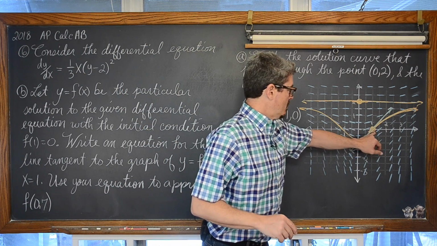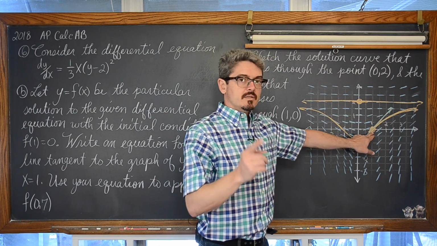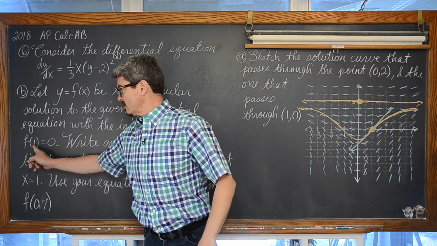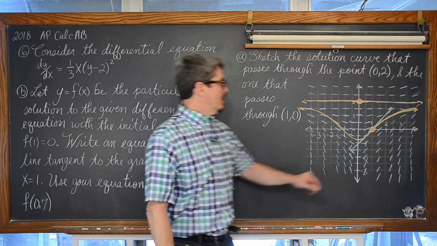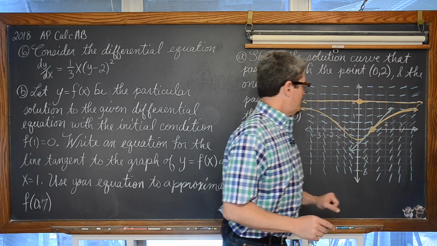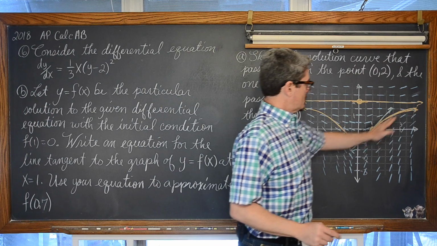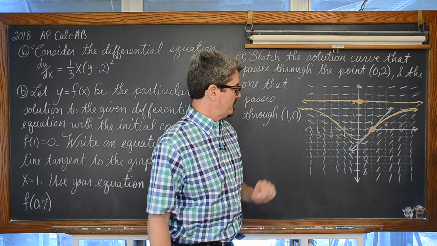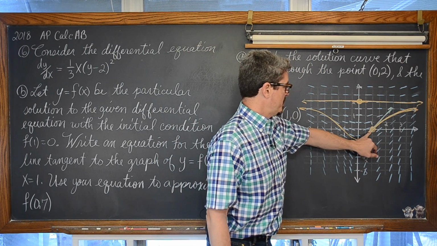So given this initial condition, the solution curve goes through the point (1, 0), and we know that this is exact. The rest of this is just a sketch. But we're going to estimate the value of this orange solution curve at the value of 0.7.